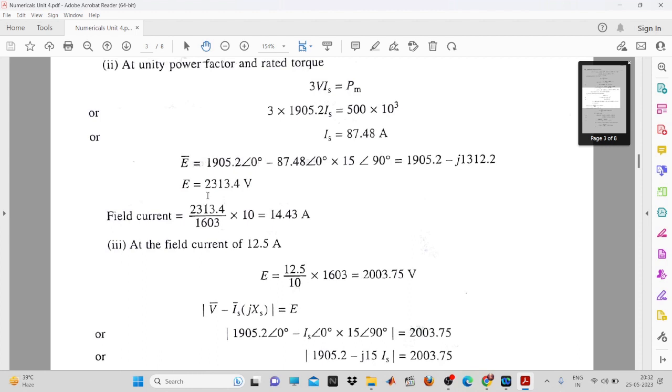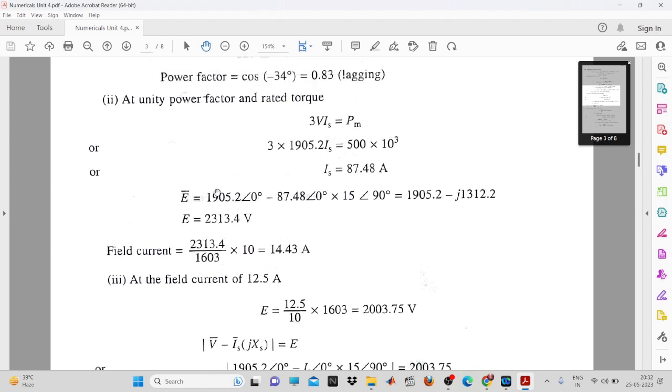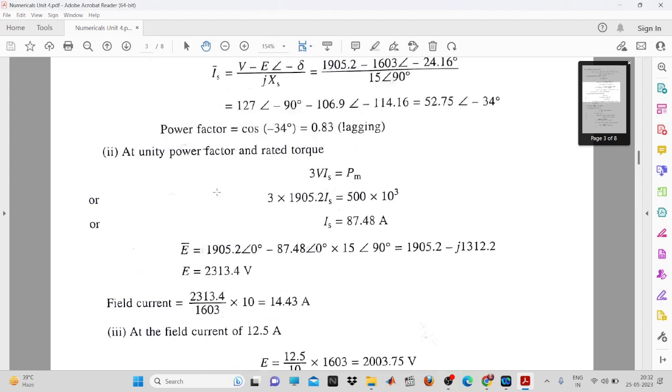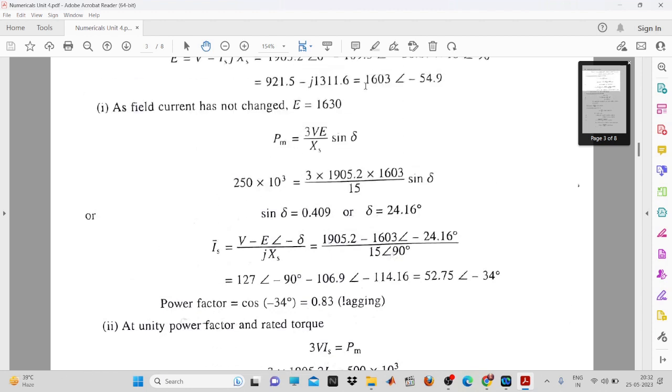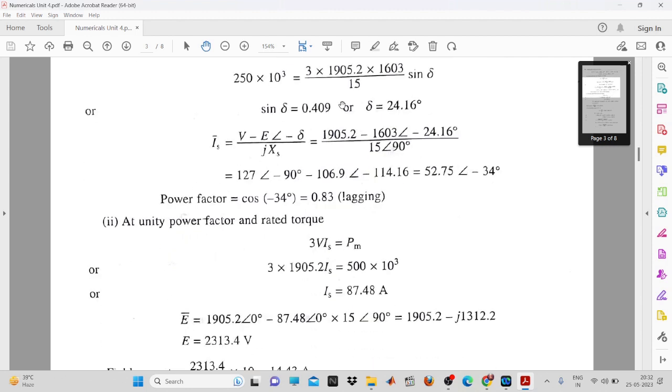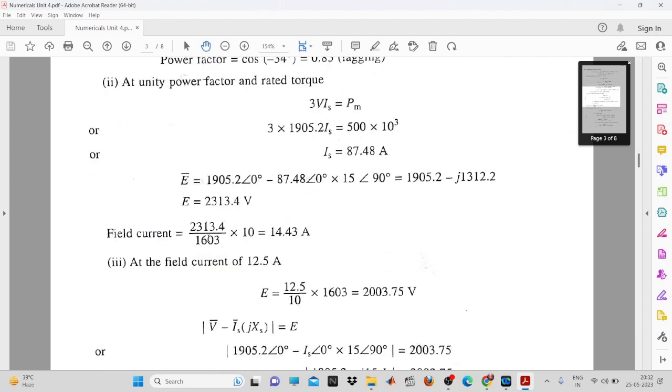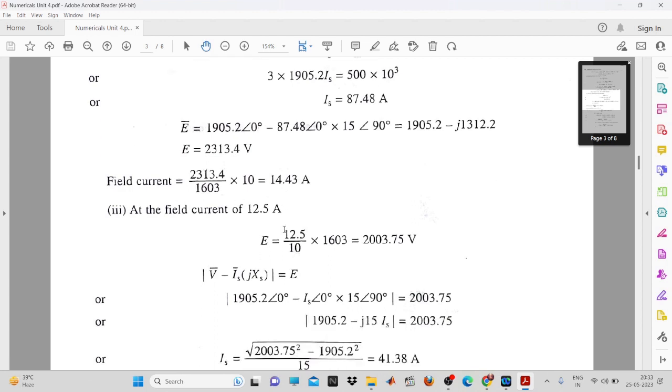So what can we say: for 10 ampere, what is the excitation? For 10 ampere, excitation is 1630. Fine. This is a simple ratio and proportion problem, and for this, how much? You can simply use the ratio and proportion and calculate 14.43.